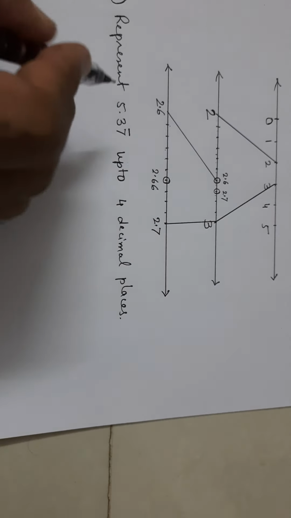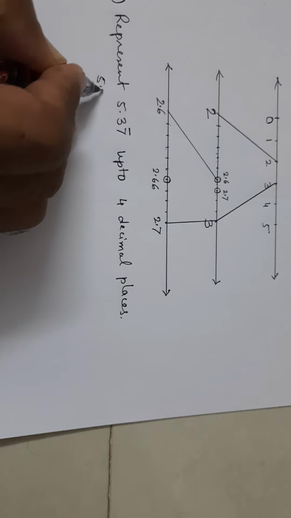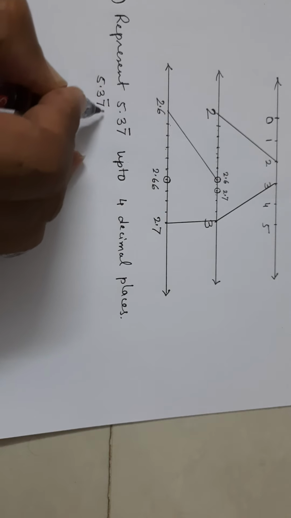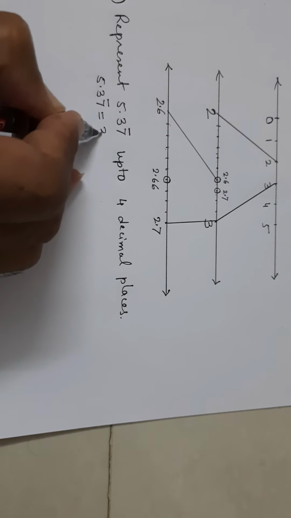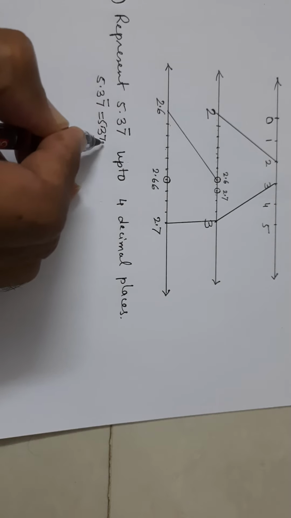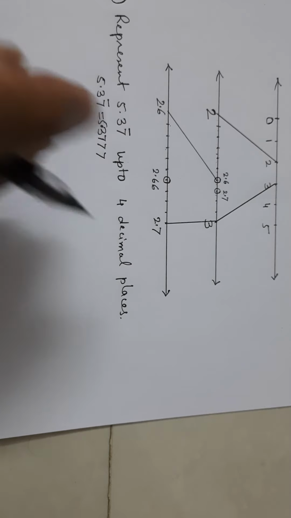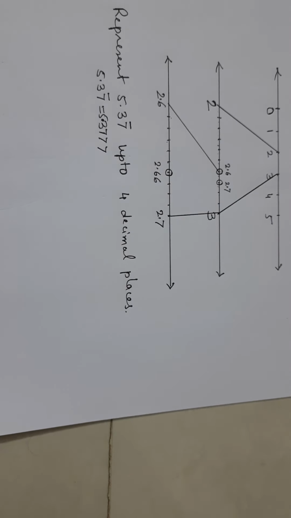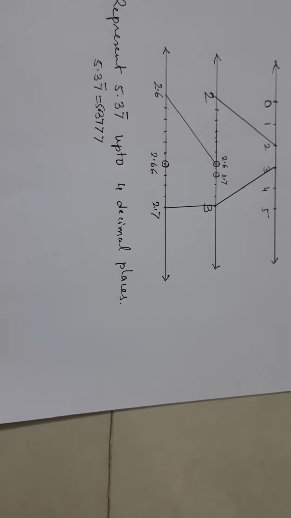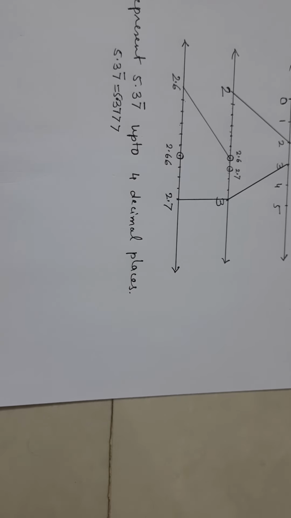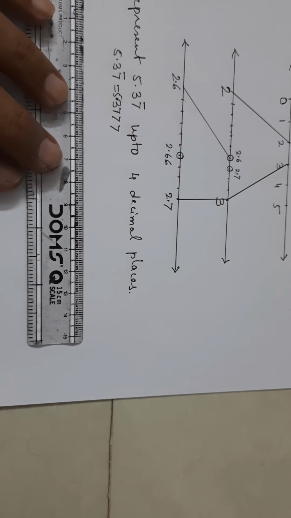Now we know that 5.37 bar is actually 5.3777 up to 4 decimal places. So it is going to be 7 is recurring. Because it is recurring, we have shown it in that manner. So now let's try to represent this.